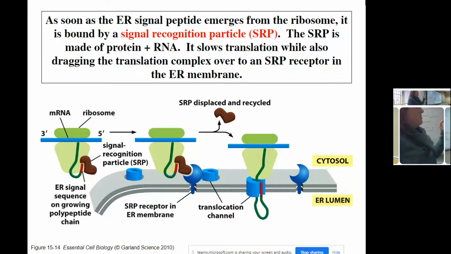And when those two get together, so if you have ER signal sequence, we'll call this ERSS. So SRP together plus ER signal sequence.